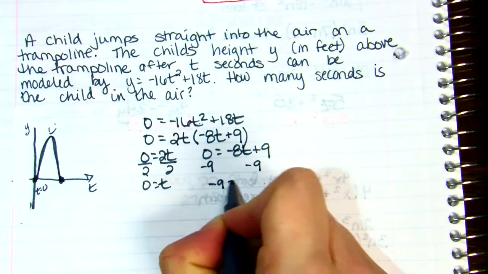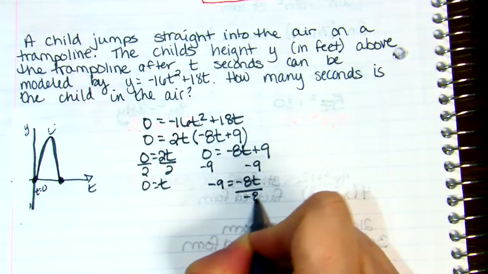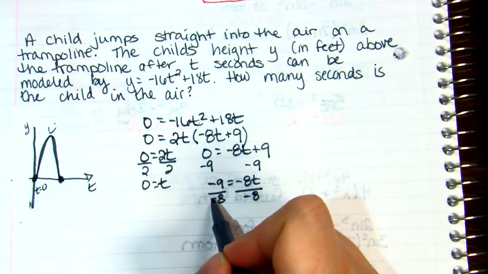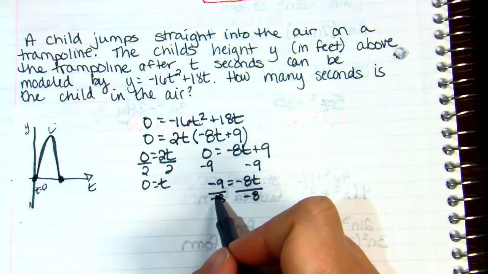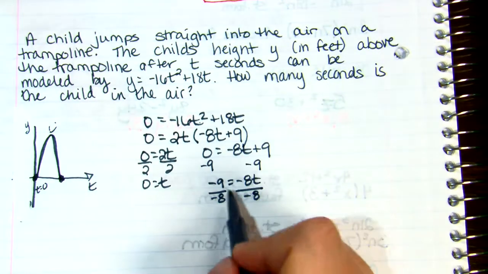I get negative 9 equals negative 8t. Divide each side by negative 8. Here I have a negative times a negative, which is going to give me a positive. That's important. I can't have negative time. Stuff isn't happening in reverse.